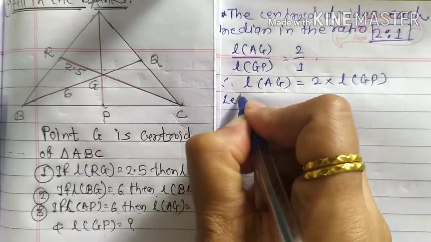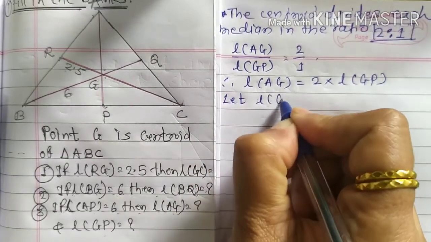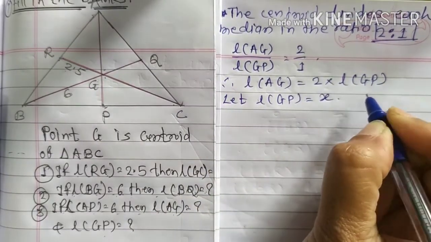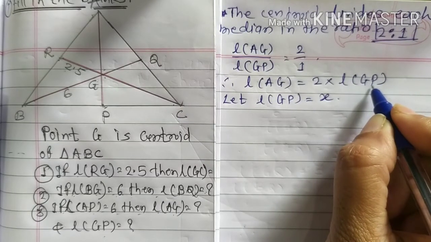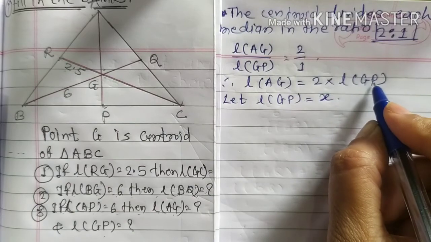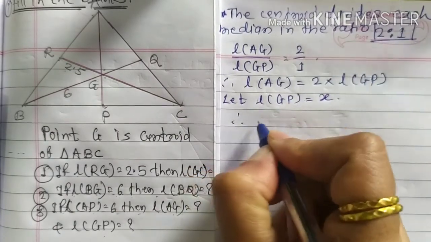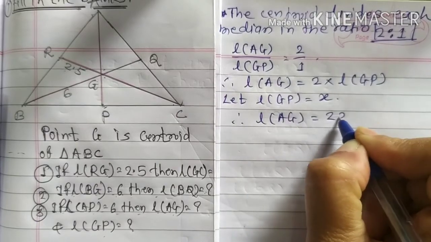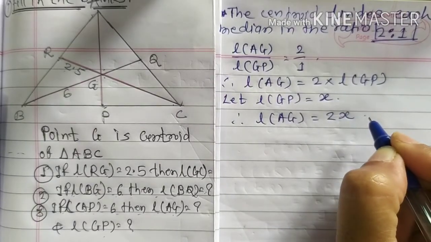Let length GP be equal to x. Hence, length AG is equal to 2x.